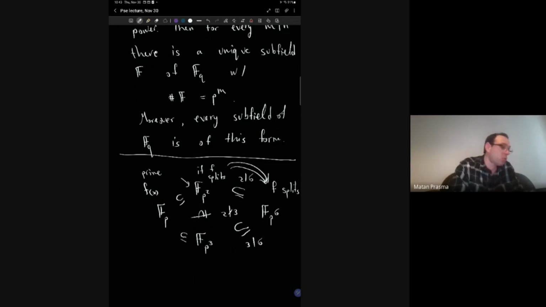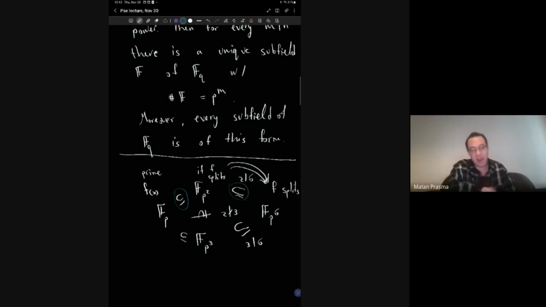What typically happens is that after one extension, you find one root or two roots, but it doesn't completely split. So you need to go further to another extension.